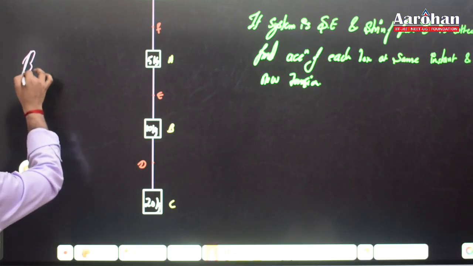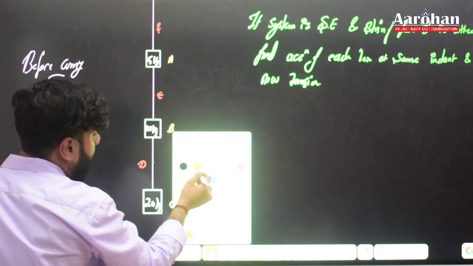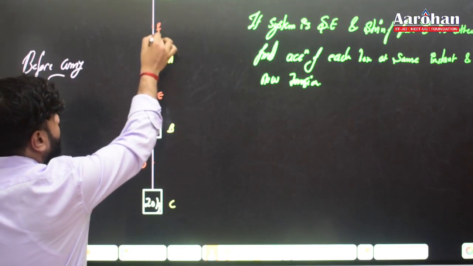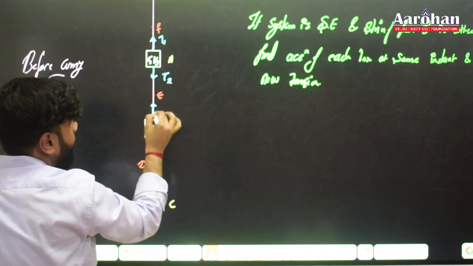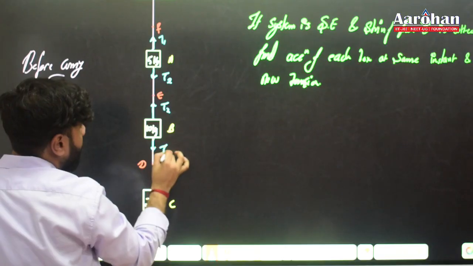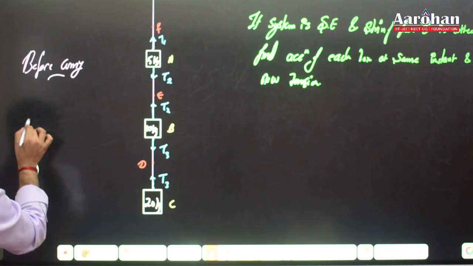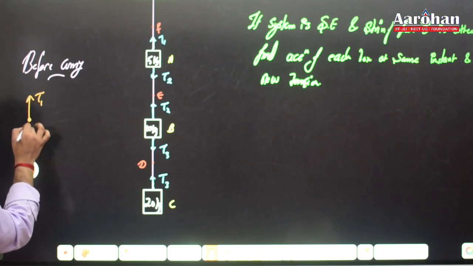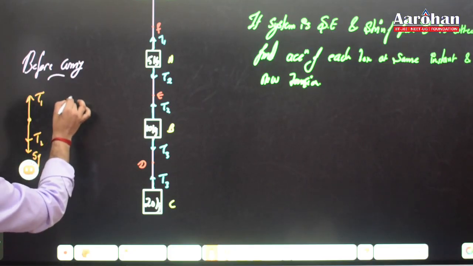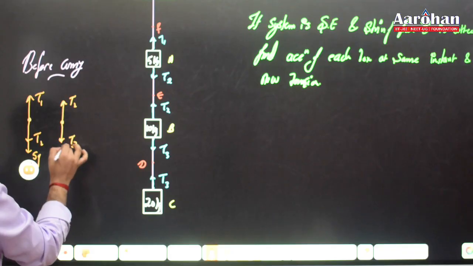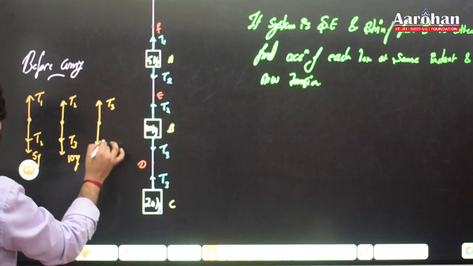First, before cutting, you will draw the FBD, and you know the tension you always draw away from the body. So it is T1, T2, T2, T3, T3. If you draw the FBD for each, the system is static, so T1 equals T2 plus 5g, similarly for T2 there is T3 and 10g, and for T3 it is 20g.